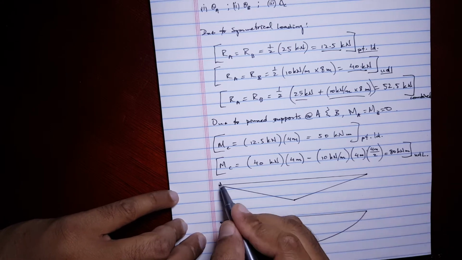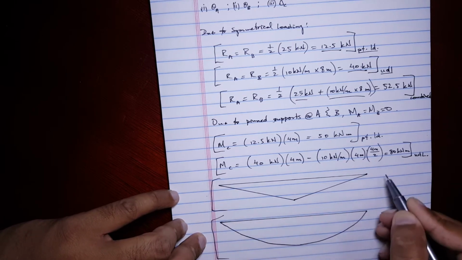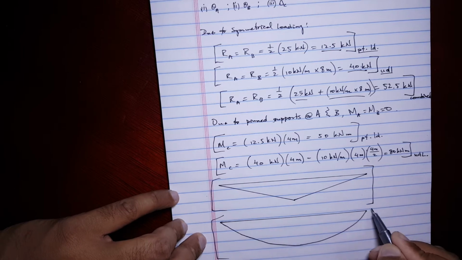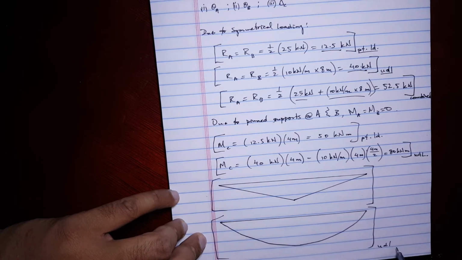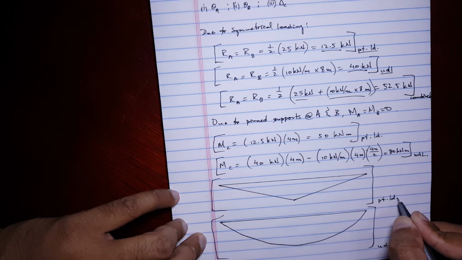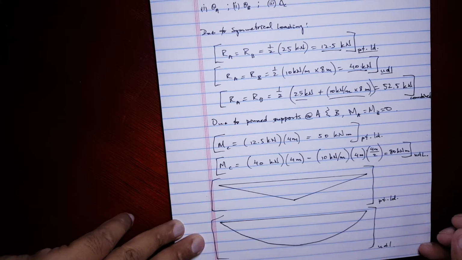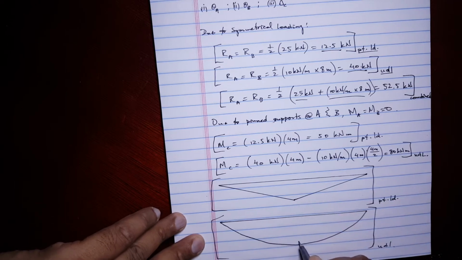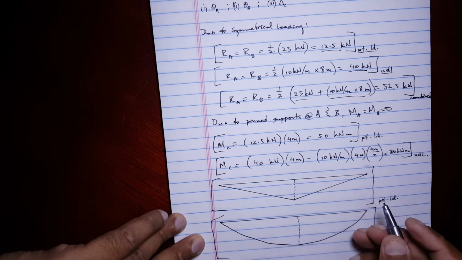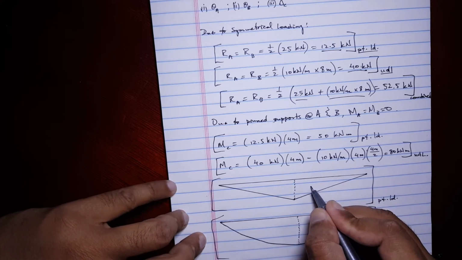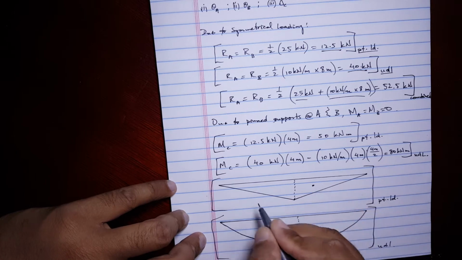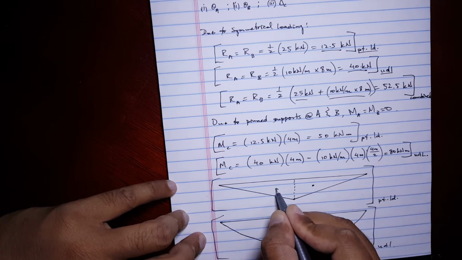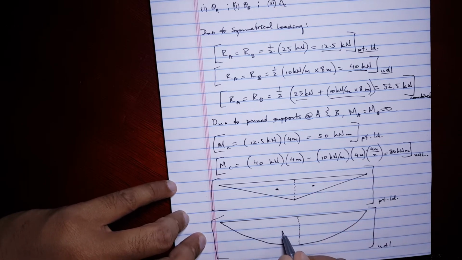So for the point load, let's call this here point load and this one the UDL, and this one is for the point load. Alright, for simplicity and ease of calculation after, I can indicate that the centroid for this one is approximately there, for this one is approximately somewhere there, this one it's somewhere here, this one it's somewhere here.